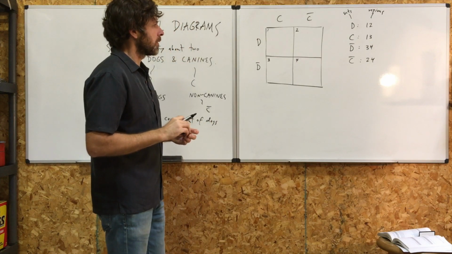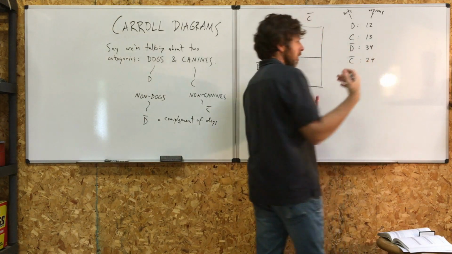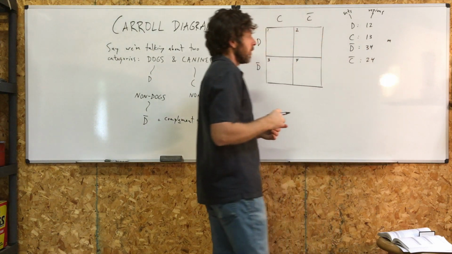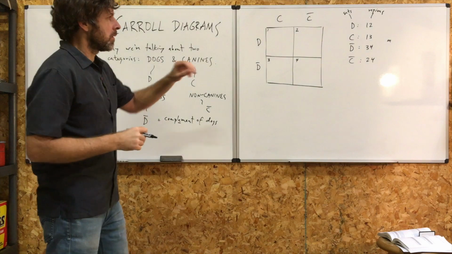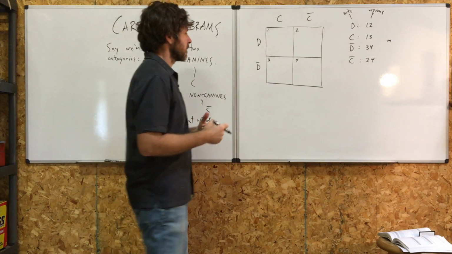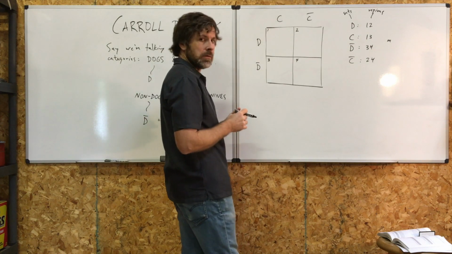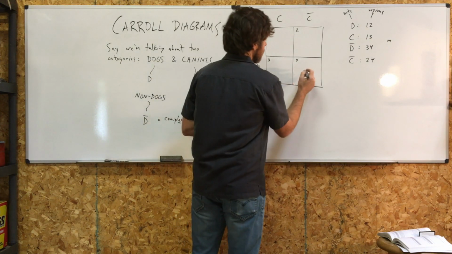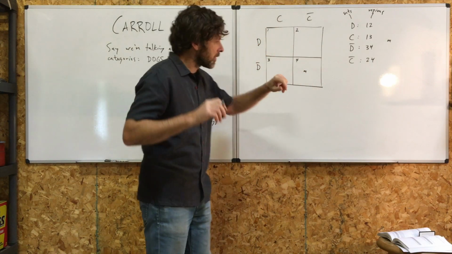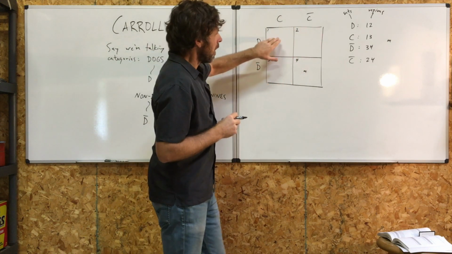So, think about this. Let's call this Mark. I'm going to represent myself as an individual with a lowercase letter, little m. So where does little m live, so to speak? I don't think I'm a dog. I don't think I'm a canine either. So I reside in region 4. Because I'm not a dog, I'm not in 1 and 2.